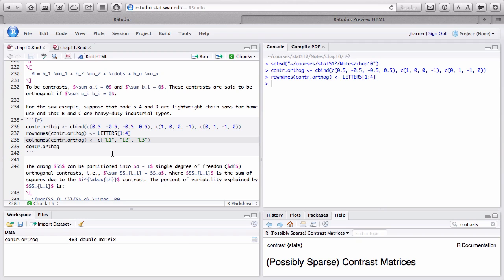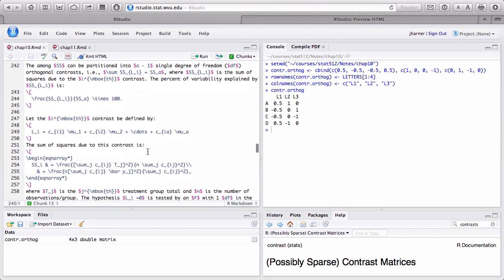And then when I print out the matrix, you would not have had those column and row names had I not named them. So I used the functions rownames and colnames, which you can use on arrays or matrices. That just made it look nicer, but it was more work.